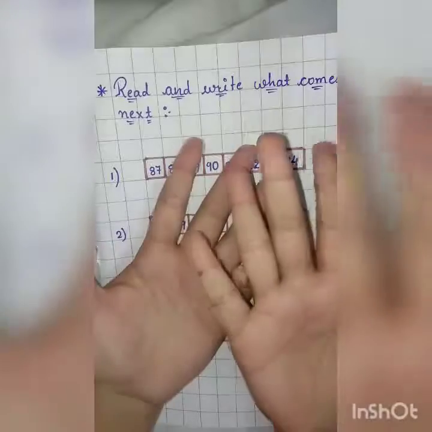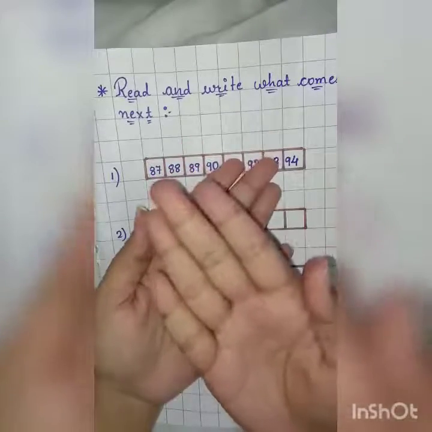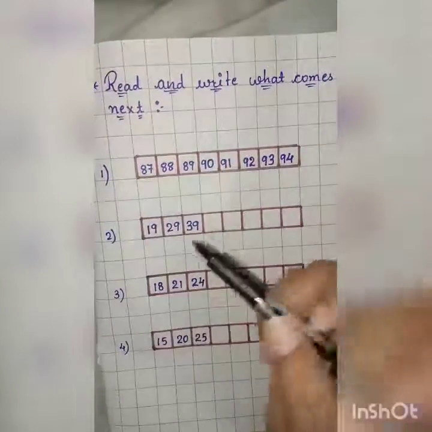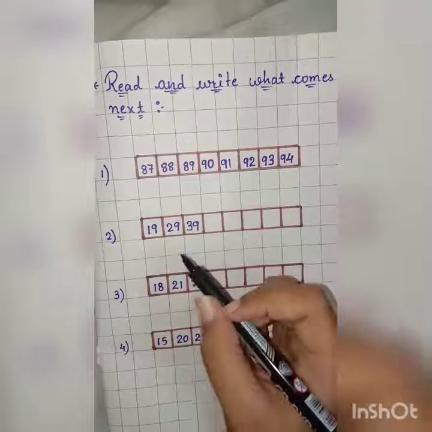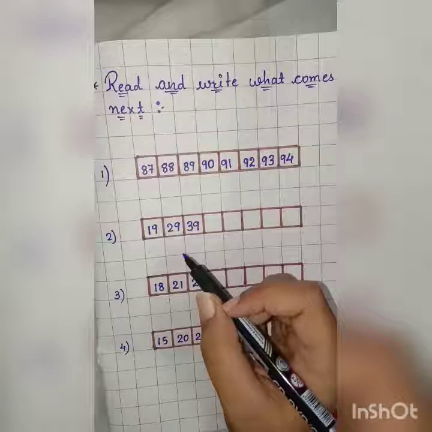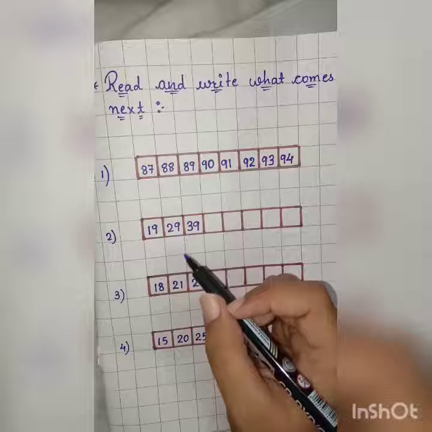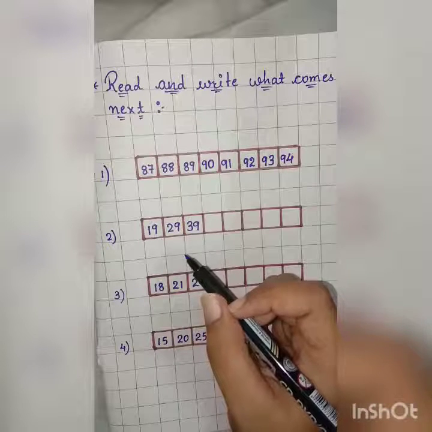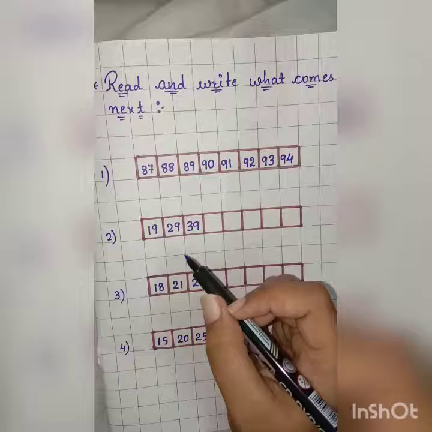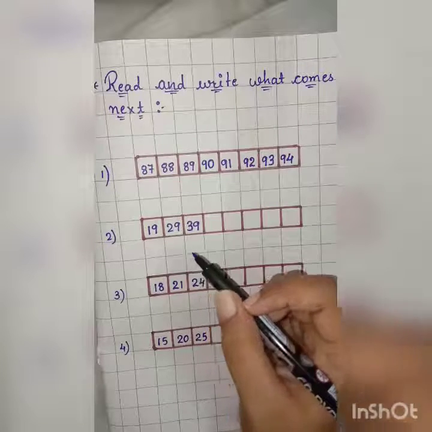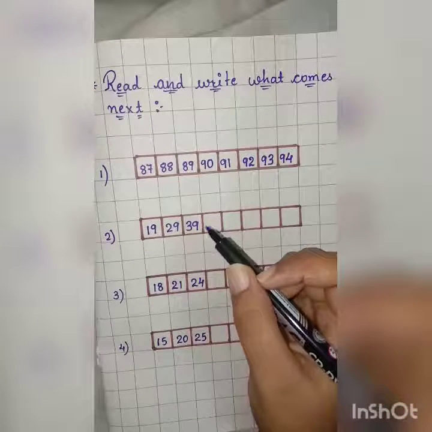So we have 10 numbers. So here we have an example of counting by tens. Am I correct? Yes. So we have to change the digit of tens place.